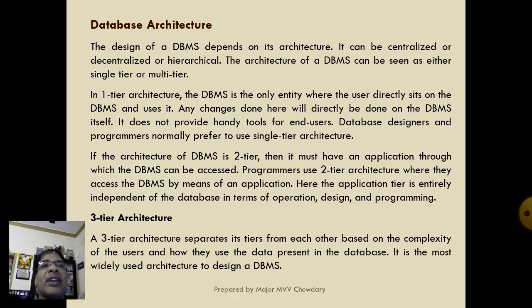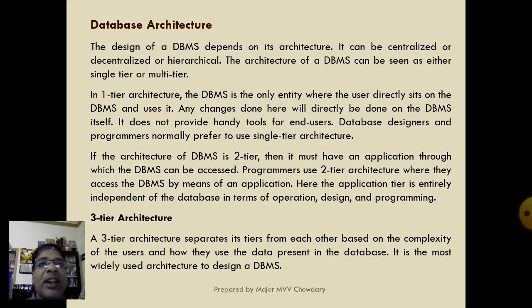In two-tier architecture, the database system is present at the server machine, and the DBMS application is present at the client machine. These two machines are connected with each other through a reliable network.